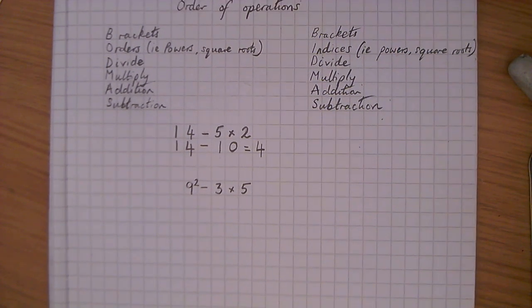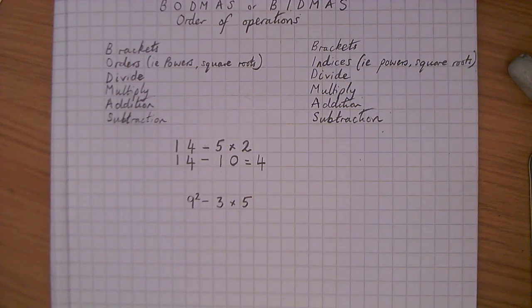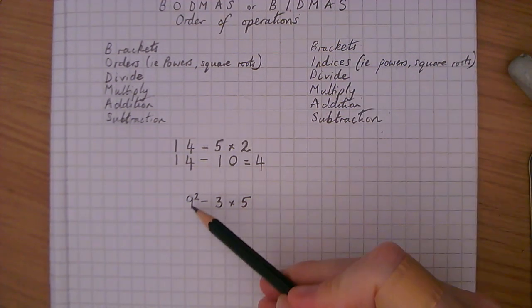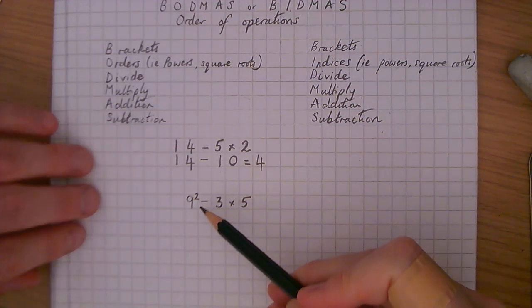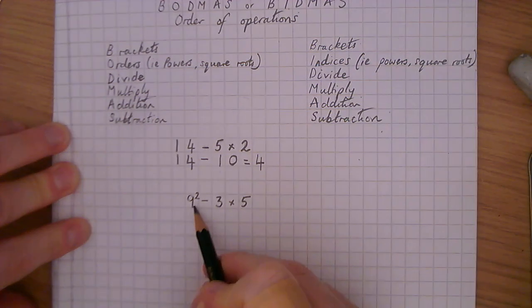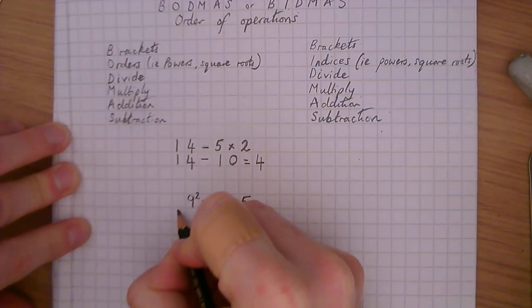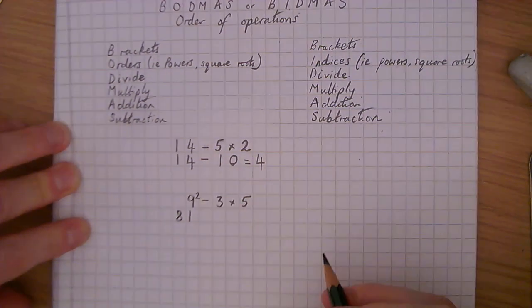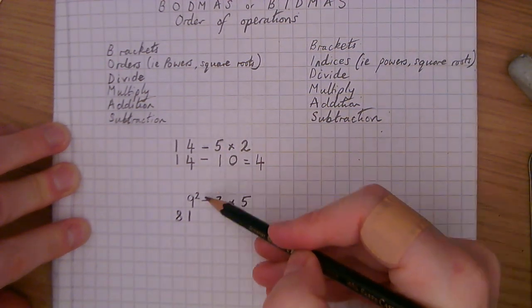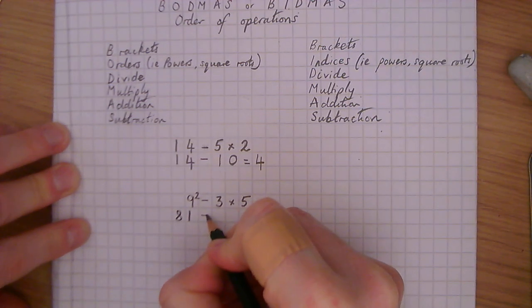First thing we're going to do is, there's no brackets, so there's nothing to do, but there are indices. There's 9 squared. We need to do that first, because indices comes first. So we write the answer below. And just like I did on the first example, the part of the question that I haven't done comes down.